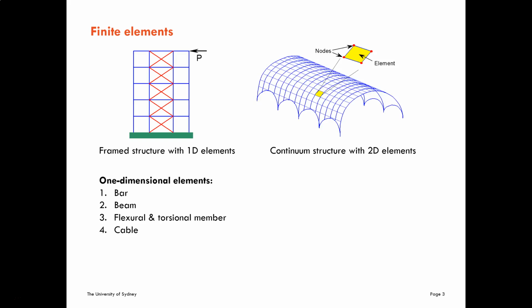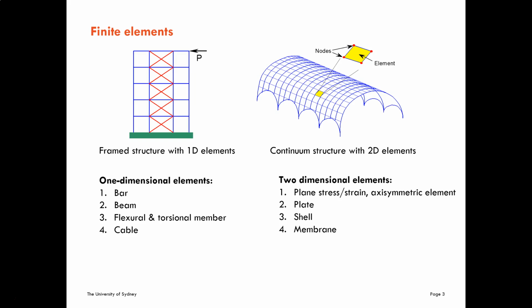In 2D, we can introduce elements corresponding to these ones in 1D. So we have the plane stress and plane strain axisymmetric element, plane elasticity analysis, that corresponds to the bar element in 1D. But we can generalize the beam theory to get the plate theory. That is like the bending theory in 2D.